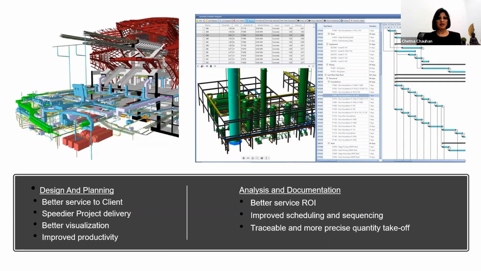Say I had 2D drawings, and I really cannot imagine if there were two pipes hitting each other or overlapping each other. When I'm able to see them in a 3D view, then I'm able to analyze, schedule and sequence my design in a much better way.